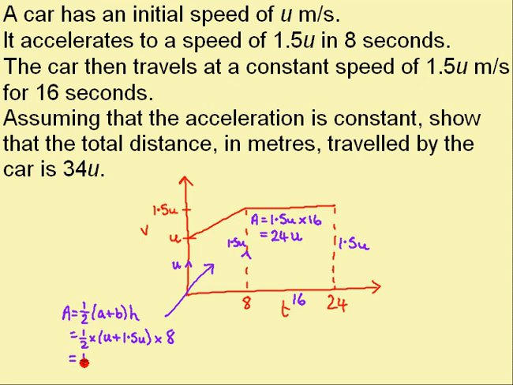So that's a half times 2.5 u times 8. Now, to make this more straightforward, I can do the half times 8 first, which is 4, and then times that by 2.5 u, which gives me 10 u. So the total area under the graph is 10 u plus 24 u. And that's 34 u, which is what I was looking for in the question.